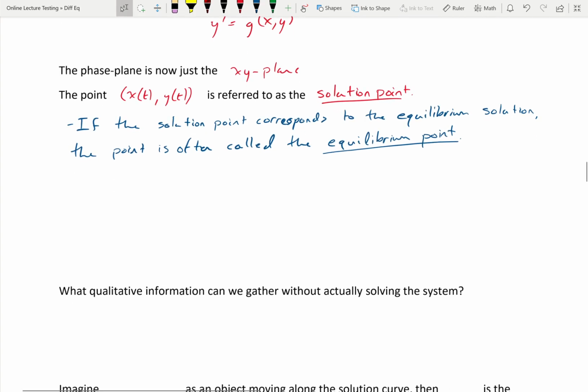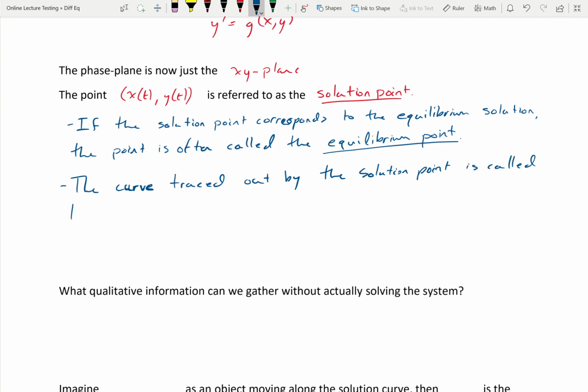And the curve traced out by the solution point is called the solution curve. So that's just getting our terminology down.